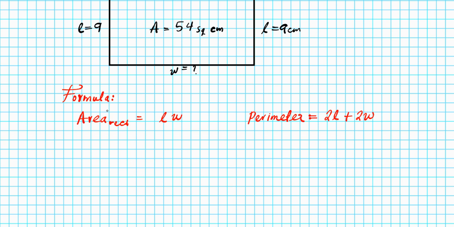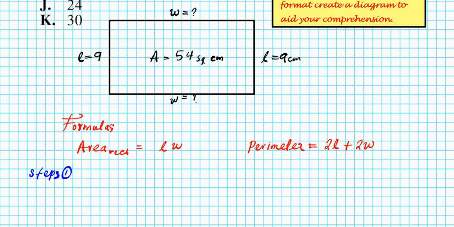Alright, so those are the formulas we're going to be using. Now, let's take a look at our strategy. How do we want to approach this problem? First thing we're going to do, we are going to use this area formula. It's provided for a reason. For the perimeter, we need to know the length and the width. We only know what the length is. So the area is the key towards determining the width. And as soon as we have the width and the length, we can compute the perimeter.